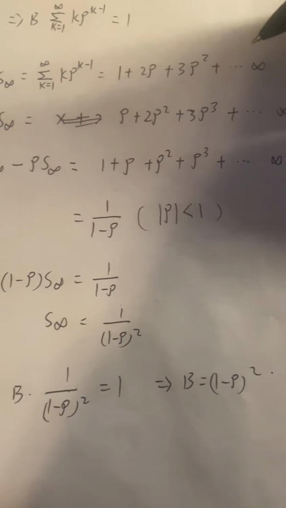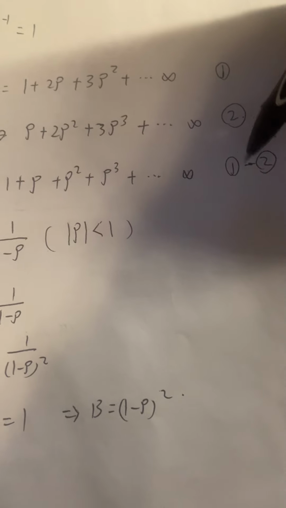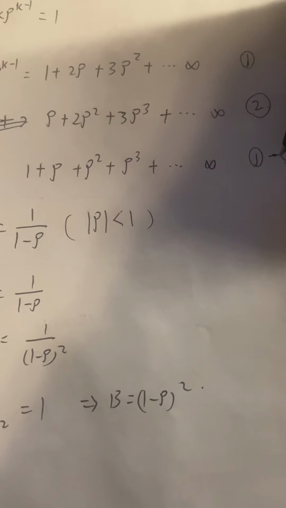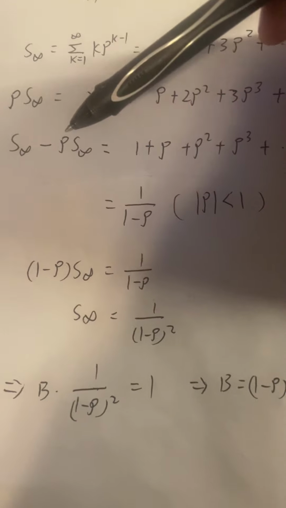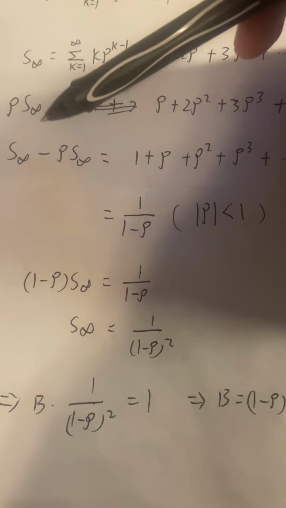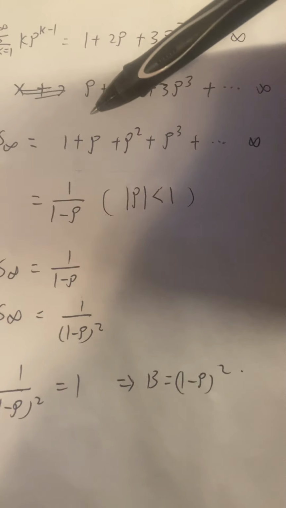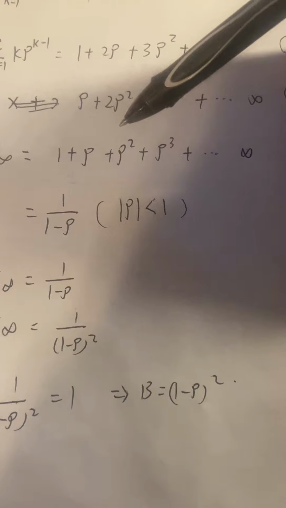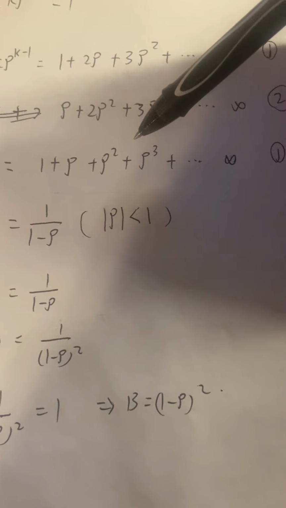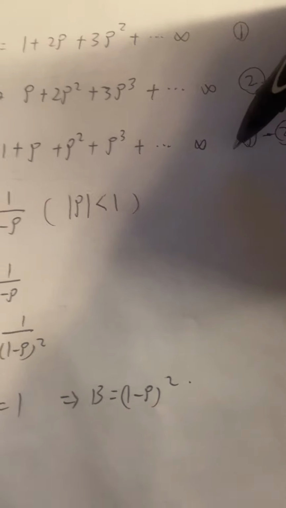Then we subtract the second one from the first one, so the left side would be S infinity minus p S infinity, and the right side would be 1 plus p plus p squared plus p cubed and so on to infinity.